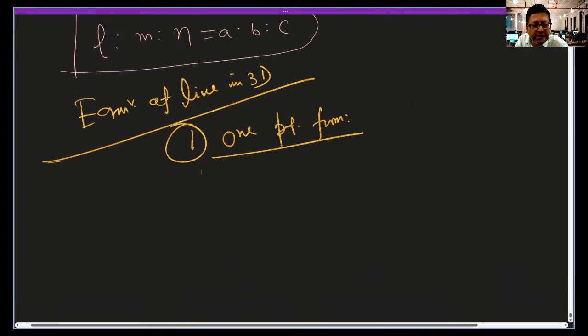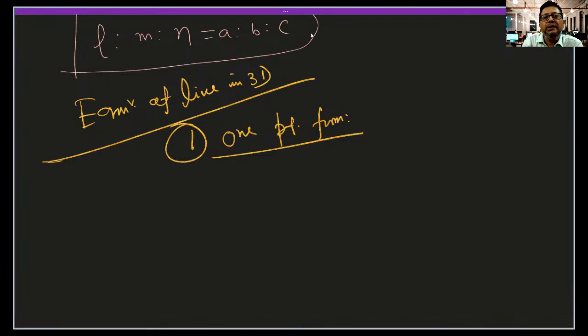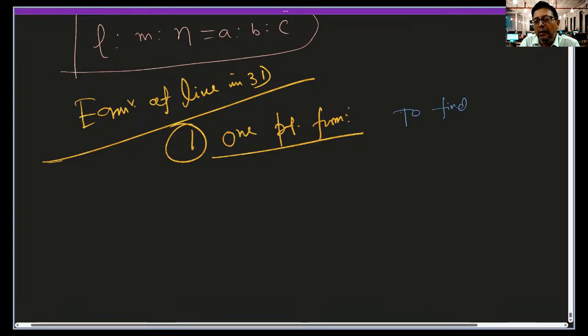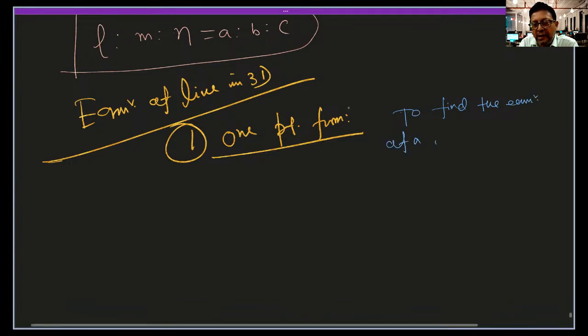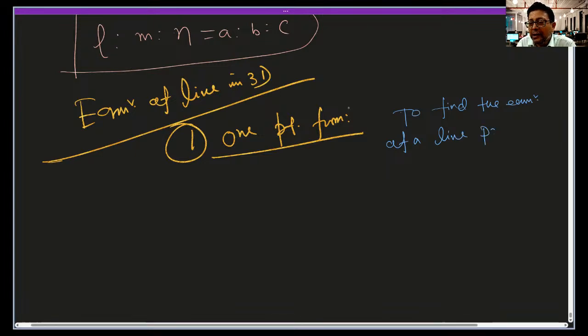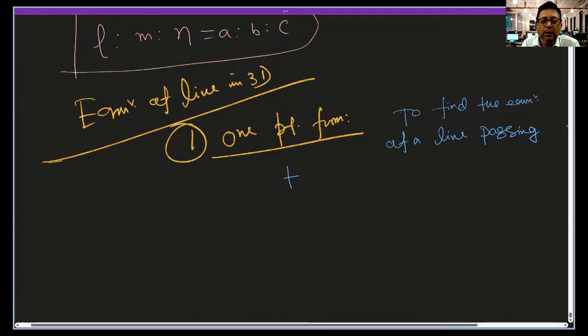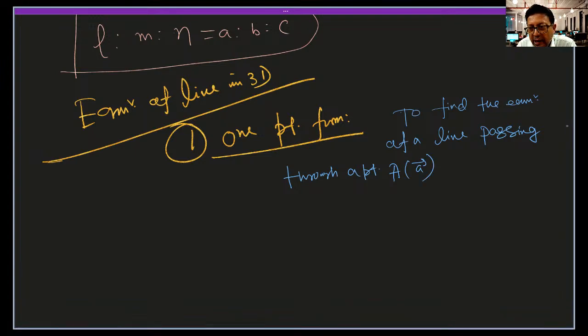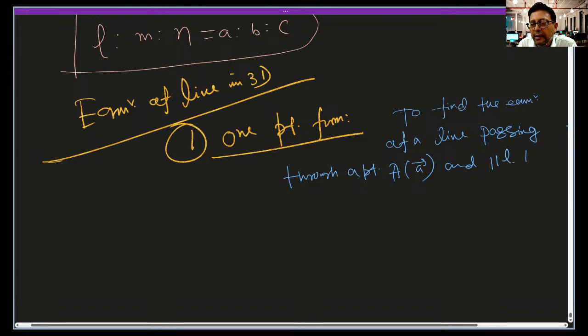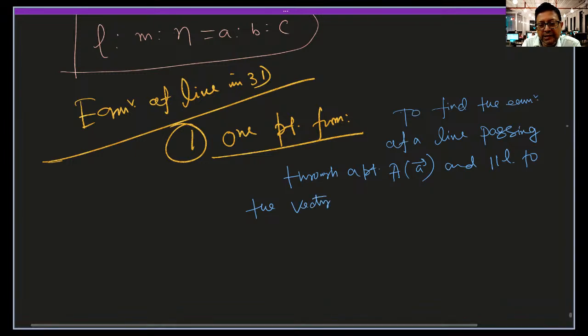Let us write the statement: to find the equation of a line passing through a point A, whose position vector is a, and parallel to the vector b.